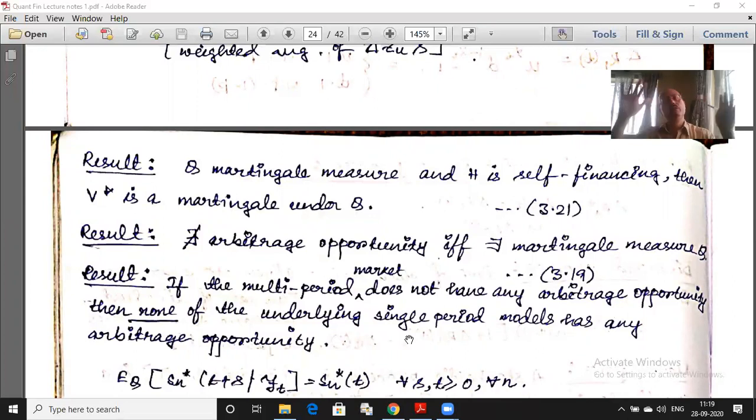So if over the whole span I don't have an arbitrage opportunity, then I cannot construct short-term markets between any small t and small t plus 1 which have arbitrage opportunities. Why is that true? Can any of you tell me why that should be true?